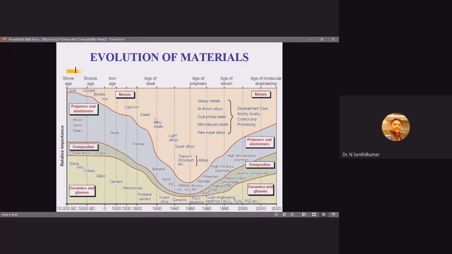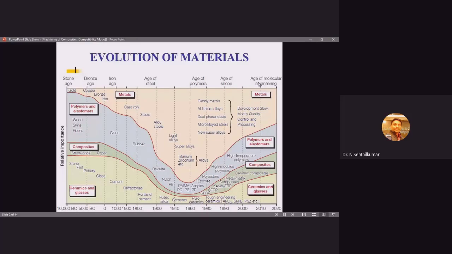Now you can see the usage of these tends to lower in the 1960s, after which you can see the drastic development of polymers, elastomers and composites. But the usage of metals is still very high.